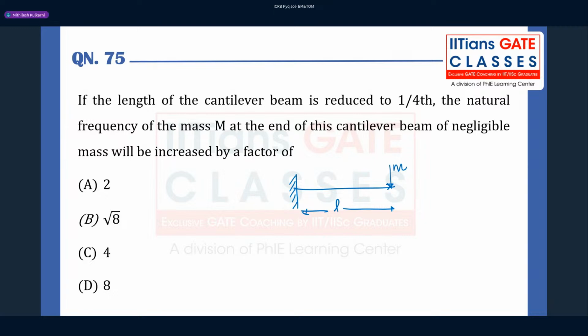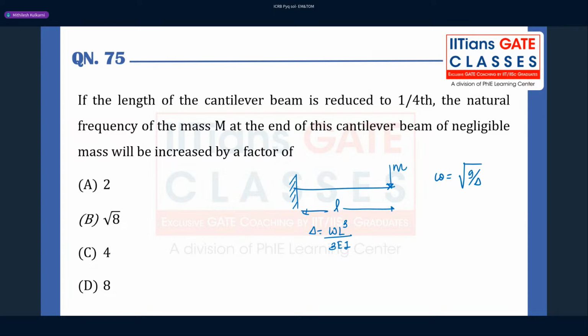We know that frequency is given by under root of g by delta. And whenever you have a cantilever beam with a point load at the end, the deflection in this case is W L cube divided by 3EI, whatever is the weight W we are putting there.